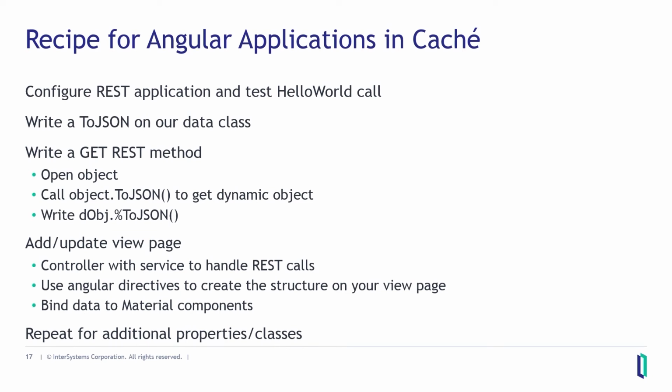And we're going to use material components to get that nice look and feel without writing custom CSS. And then you can just repeat steps 2 through 4 to add additional properties, add additional classes, etc. And that's kind of how you handle the view part of it.